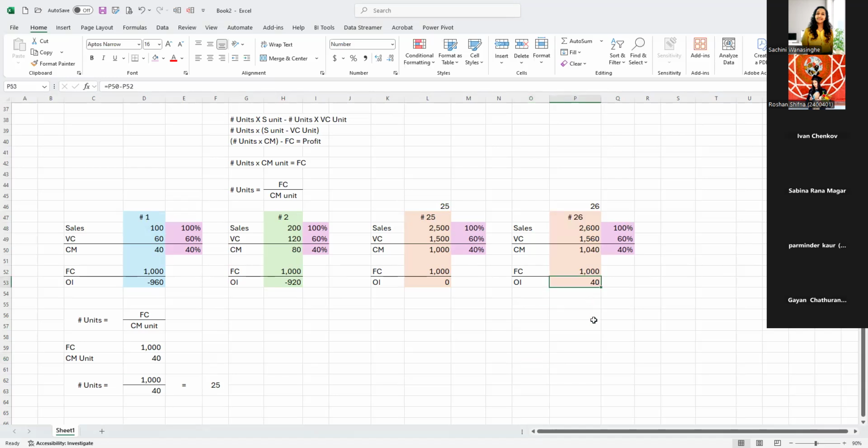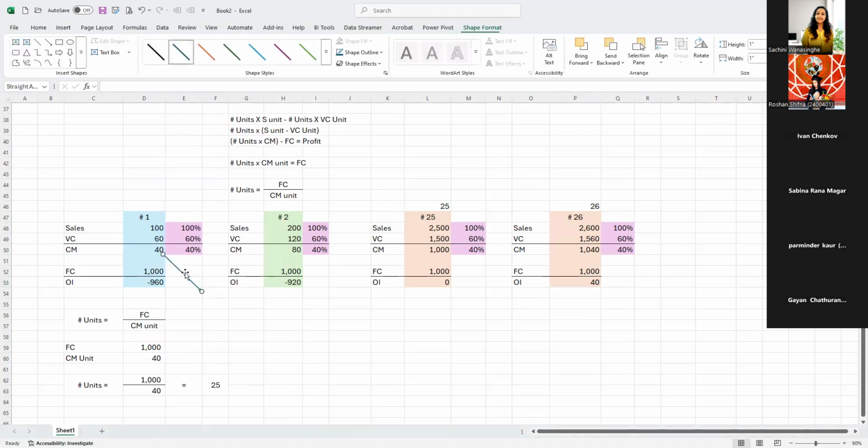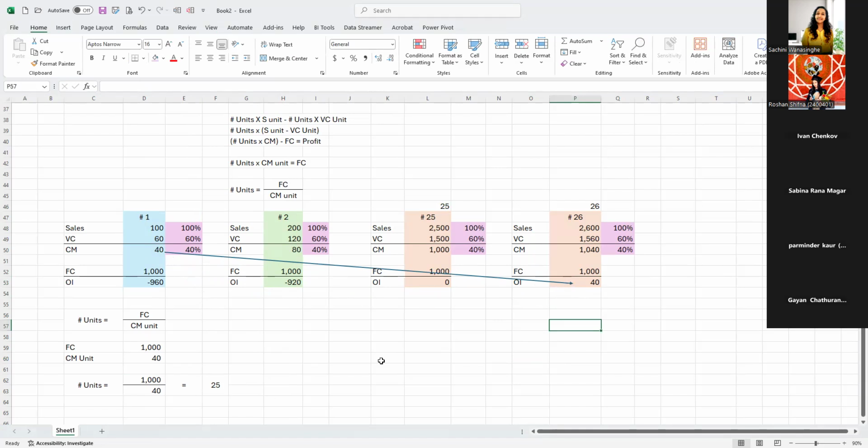So how much is my operating income now? $40. Where did that $40 come from? From the contribution margin for one additional unit that we're selling. Make sense? Can you see it?